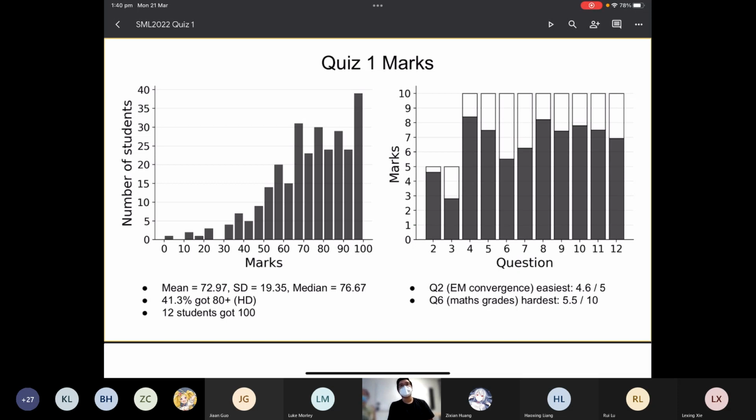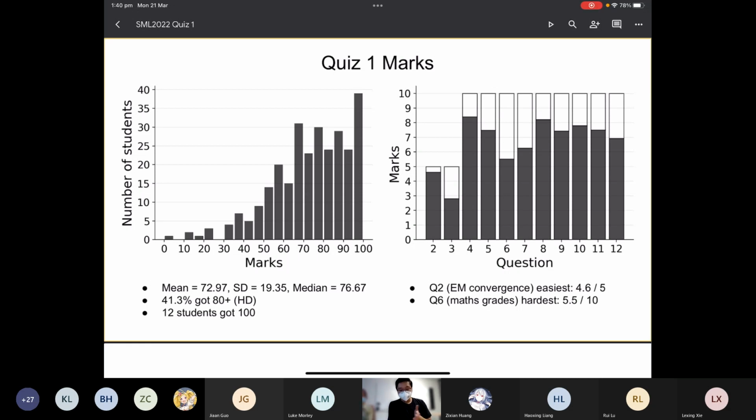So on the left-hand side, you are seeing the distribution of marks. The average mark for everybody was 72.97, which is pretty good, and a little bit more than 40% of you got more than 80%. So I think that's a good indication.